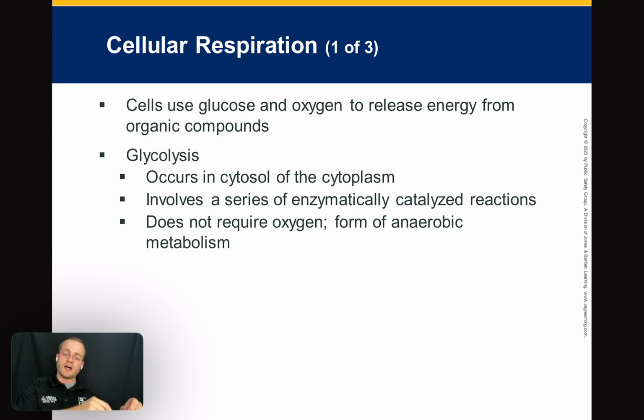Because in order for a cell to do its job, it typically has to have energy. And as we know from ninth grade biology, energy in the body is stored mostly in the form of ATP, right? Adenosine triphosphate. So in order to create ATP, we have to give the body glucose and oxygen.